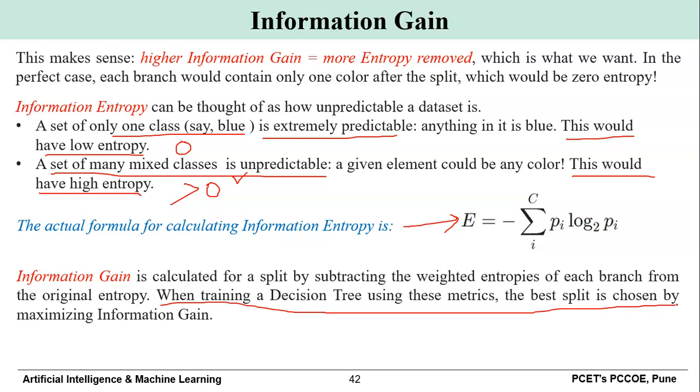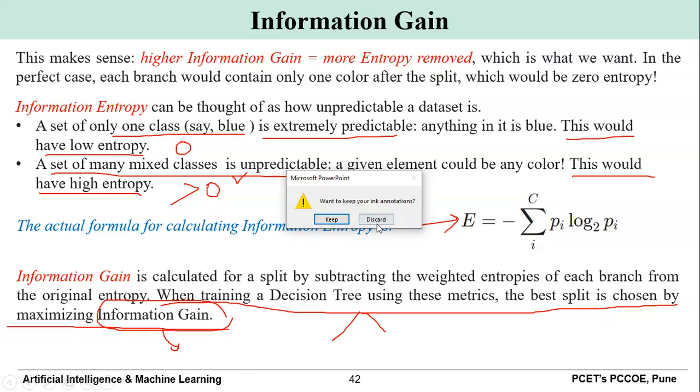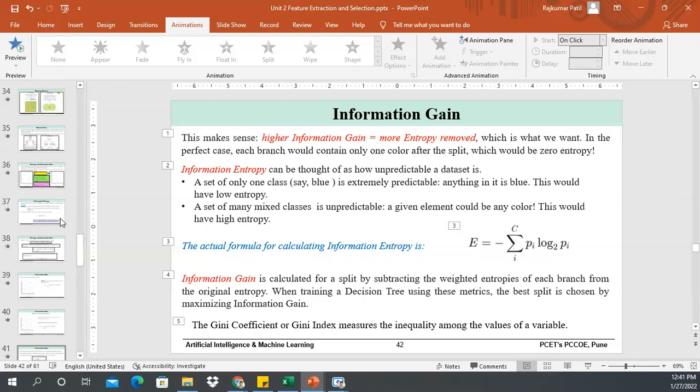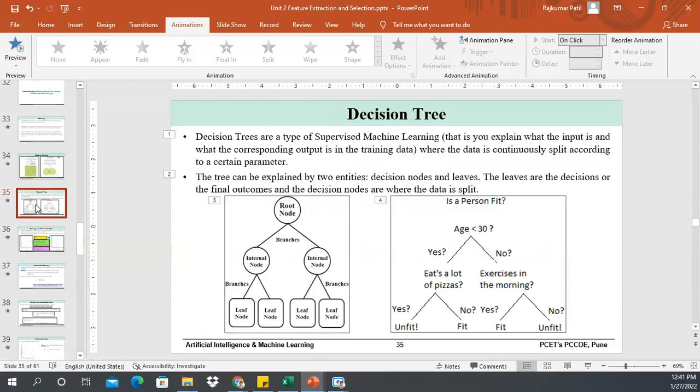This particular statement is very important. If we have maximum information gain, definitely we should go for the split. If the information gain is very low, then there is no point in going for the branch.